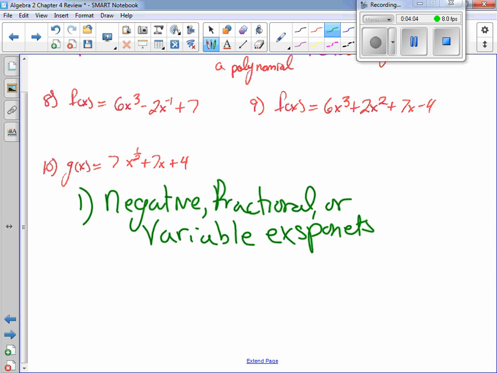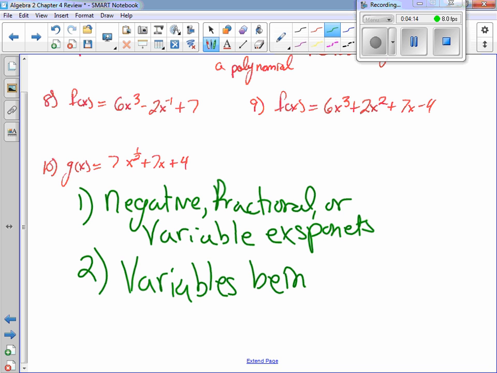If there is one, it is not a polynomial function. Two, we cannot have variables being multiplied. And when we talk about variables being multiplied, it's not x times x, we're talking about x times y or y times z. Two variables being multiplied together would not be a polynomial function.